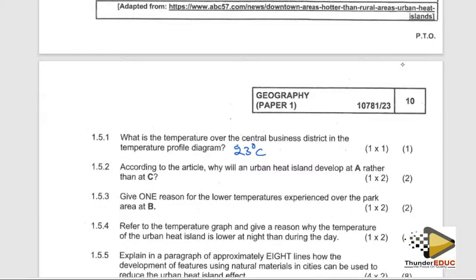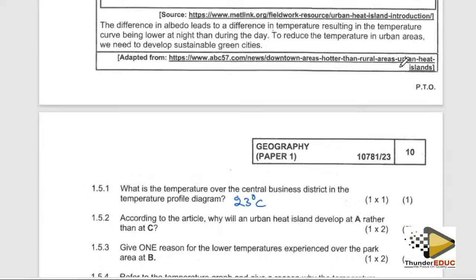1.5.2, it says, according to the article, why will an urban heat island develop at A rather than C? Let's check again. The question says, according to the article, why will an urban heat island develop at A rather than at C?